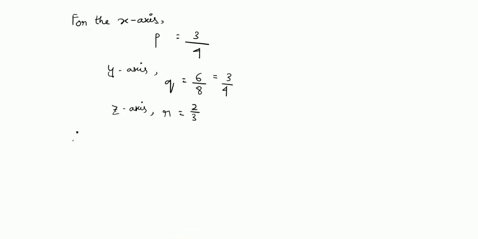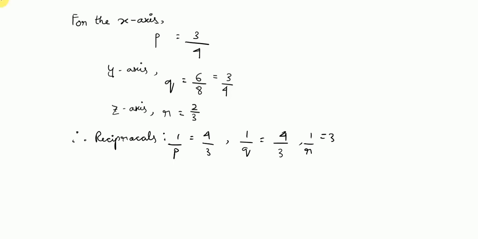So the reciprocals of the intercepts are 1 by P, which is equal to 4 by 3, 1 by Q, which is equal to 4 by 3, and 1 by R, which is equal to 3 by 2.